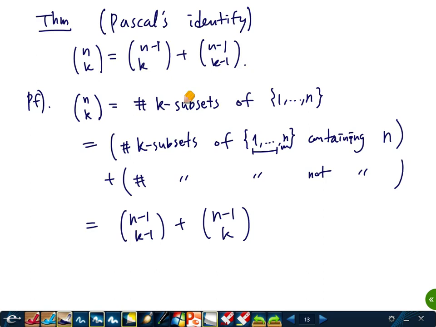And this Pascal's identity, using this, we can create a triangular array of binomial coefficients, and it's called the Pascal triangle, and it has very nice properties. The Pascal triangle. So it's a triangular array of binomial coefficients like this.